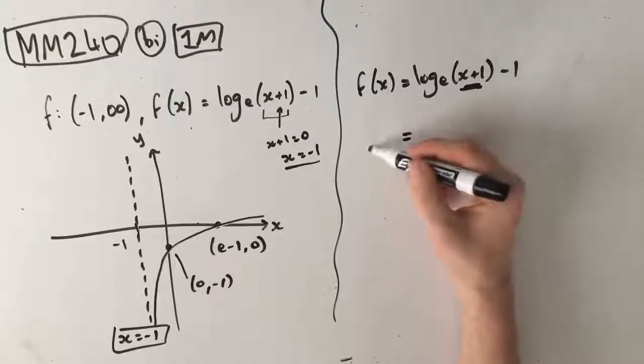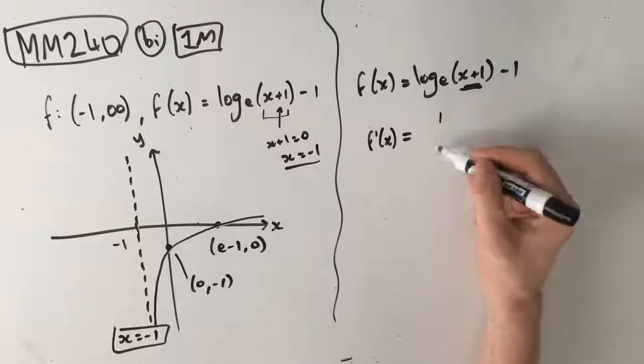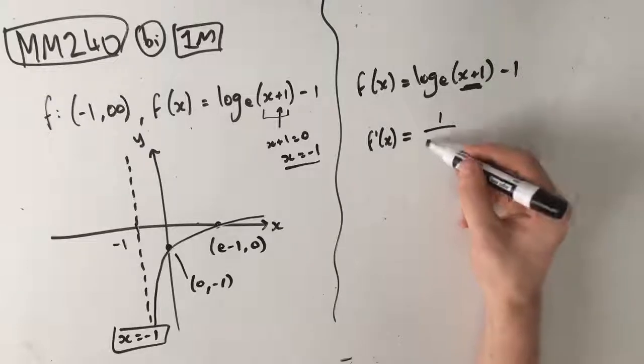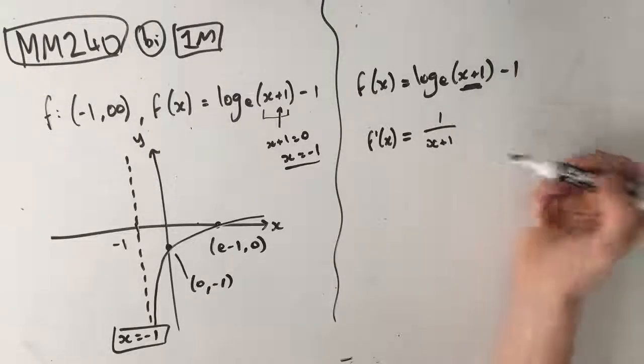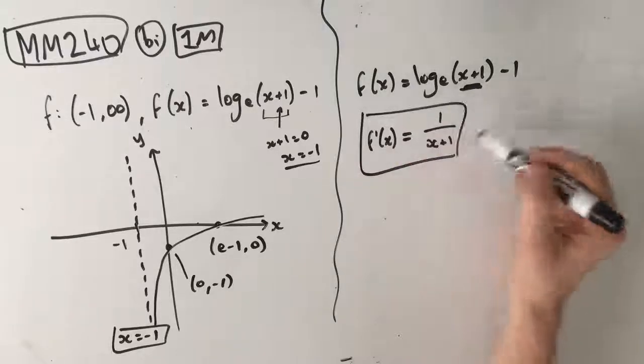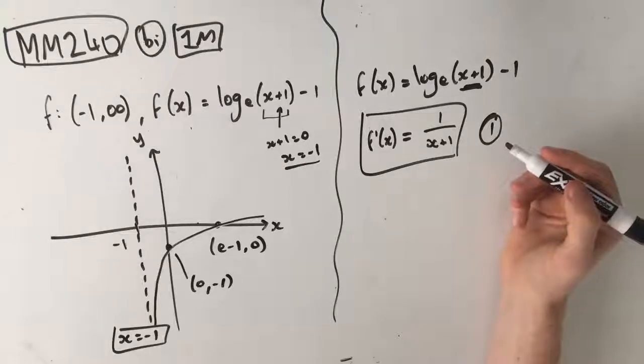So f dash of x is equal to the derivative of x plus 1, which is 1, over whatever's inside this bracket, so x plus 1. Now this minus 1 just turns to 0, so we don't have anything else there. This is our gradient function, f dash of x, and that's our first and final mark for this question.